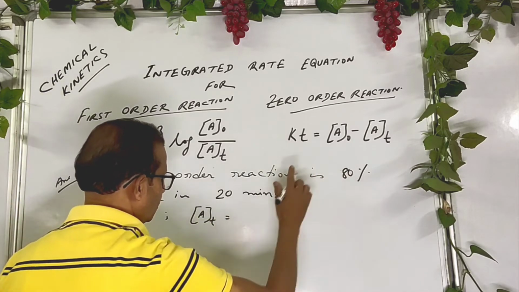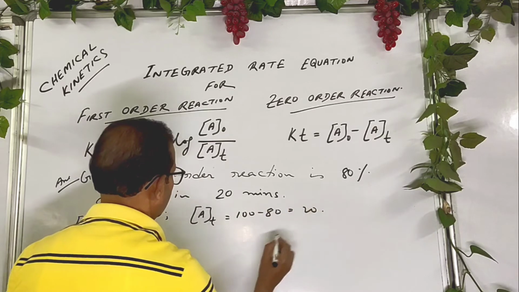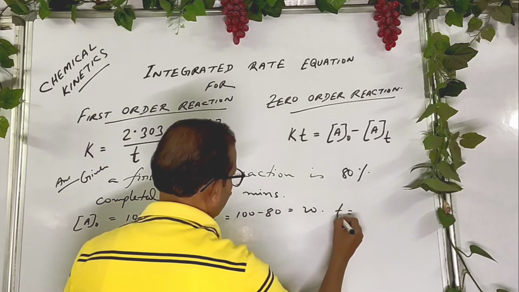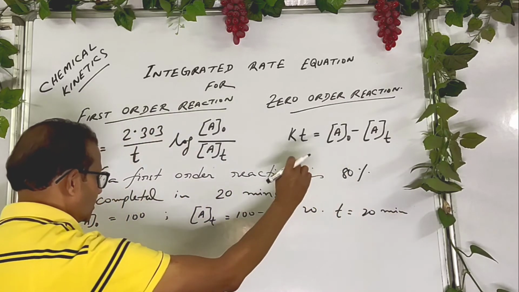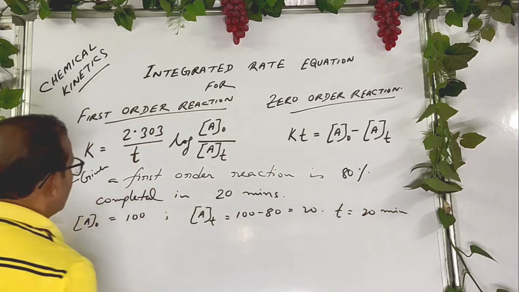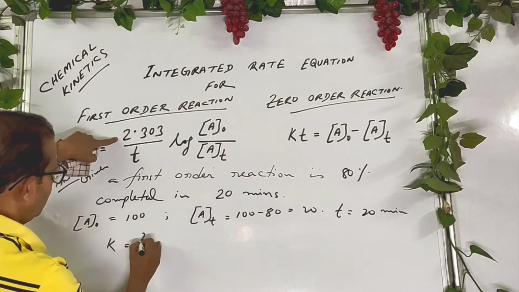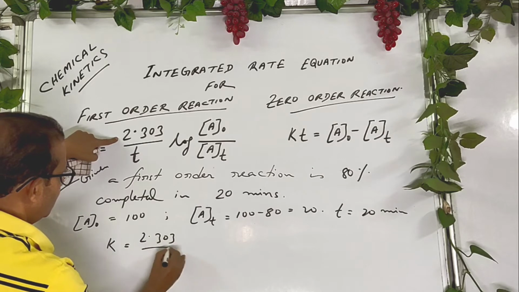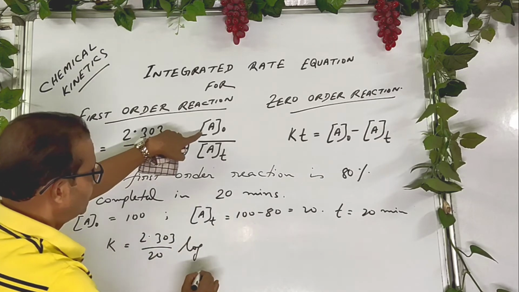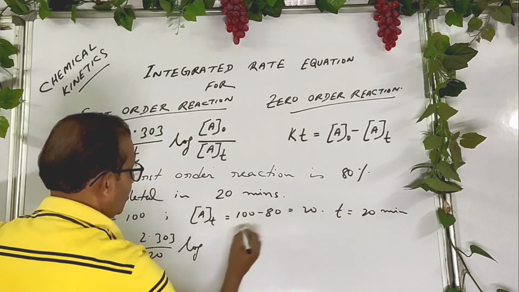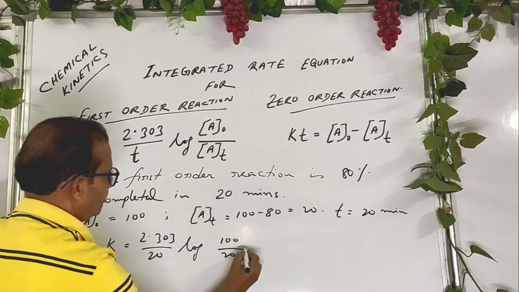Obviously 80% is completed, so we get 100 minus 80, that is 20, and the time is given already, that is 20 minutes. Don't change to second, keep it in minute. Put into the formula, find the value of k, because it is a two-stage numerical. t is 20, log a naught, that is 100, and at is 20.